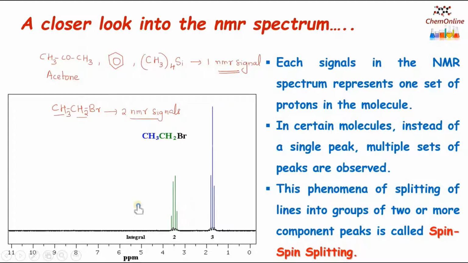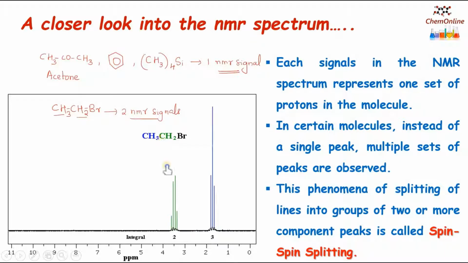But if you look at the NMR spectrum of ethyl bromide, you can see that each of such peaks is split into different lines. For example, the peak due to CH3 protons, which is shown in blue color here, there are three lines instead of a single peak.